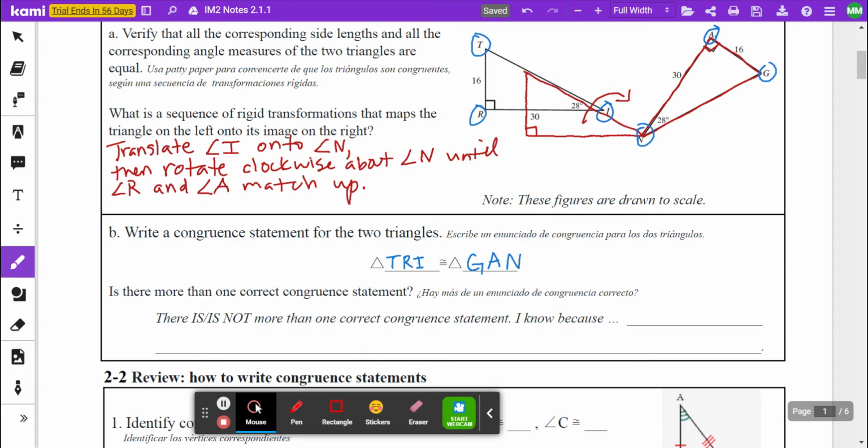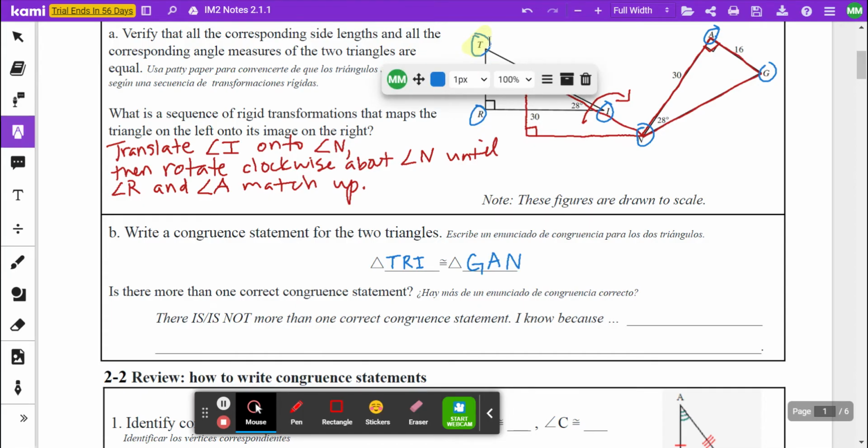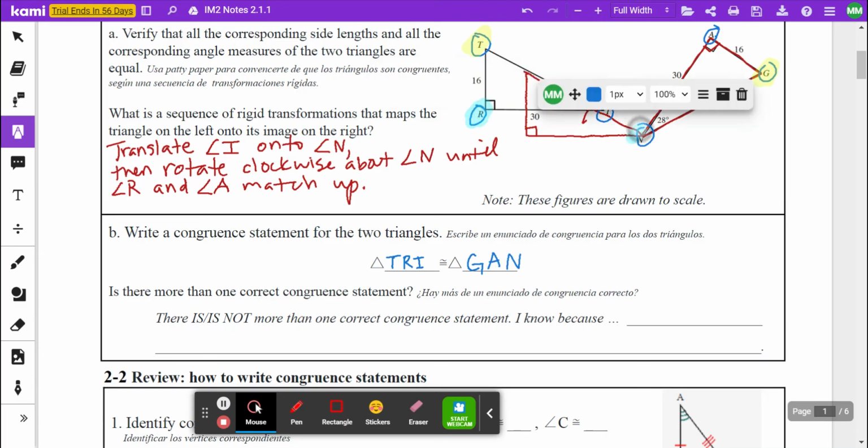Is there more than one correct congruence statement? Well, absolutely there is. All that really matters is that the corresponding angles are written in the same order. So, for example, as long as angle T and angle G are written in the same sequence, angle R and angle N are written in the same sequence.